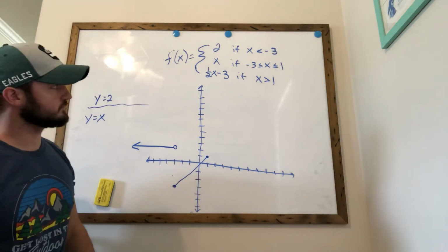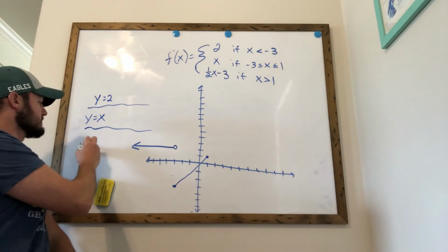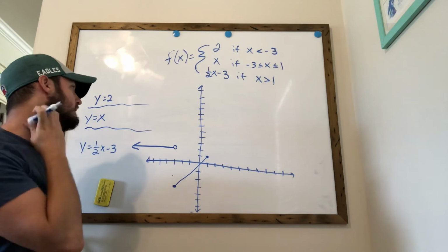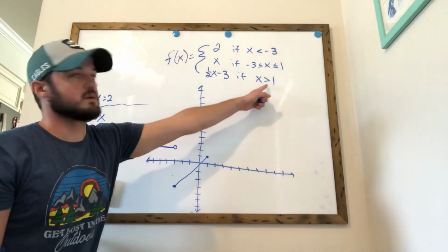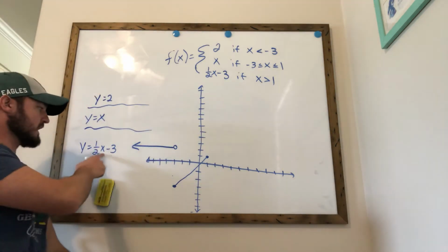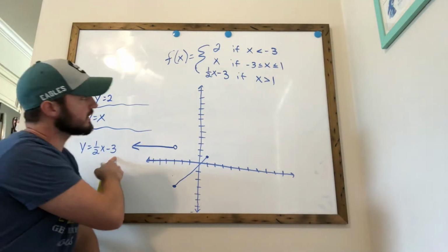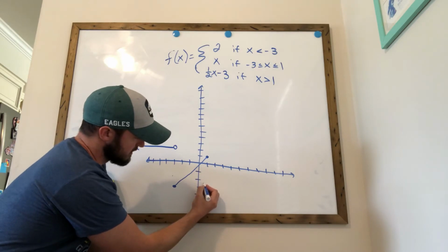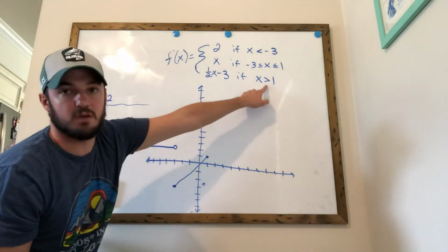Your next one, you're using the graph of y equals 1/2 x minus 3. Again, start with your boundary point. Plug in a 1. 1/2 times 1 is 1/2, minus 3 is -2.5. So we're going to go to 1, -2.5, and we're going to put an open circle because it's greater than 1.